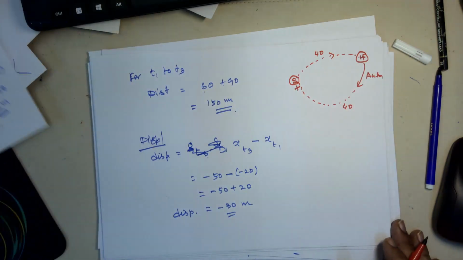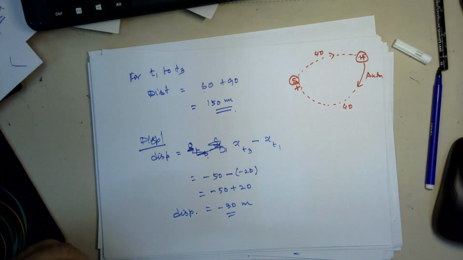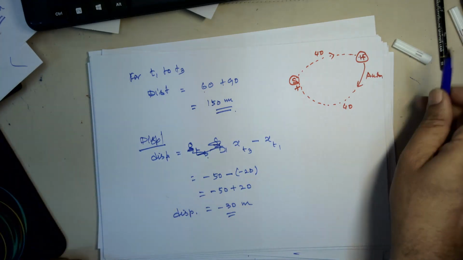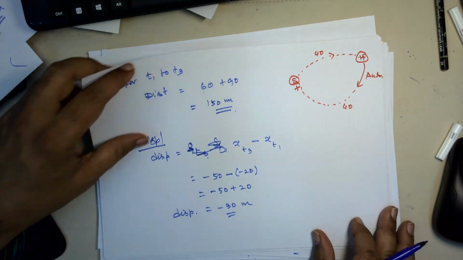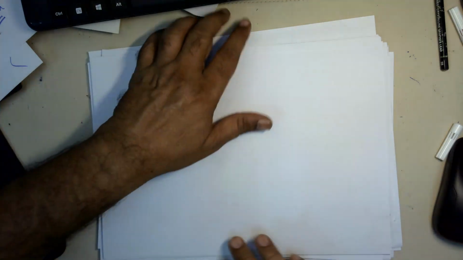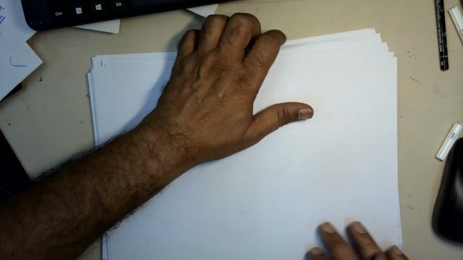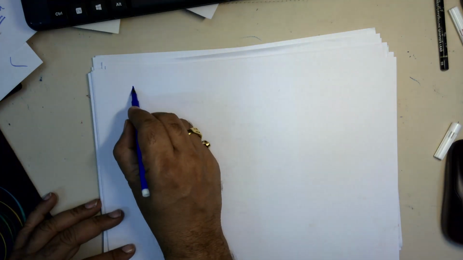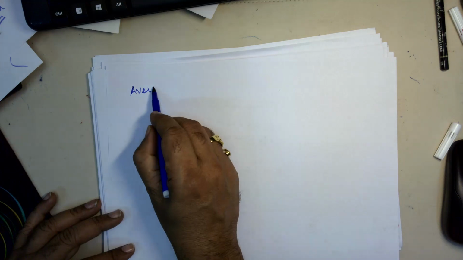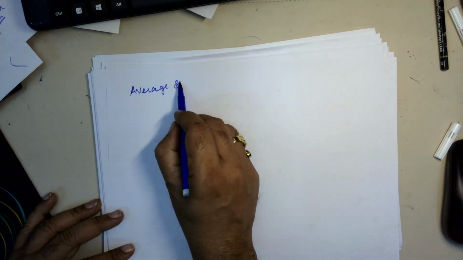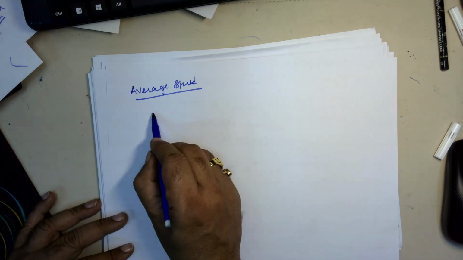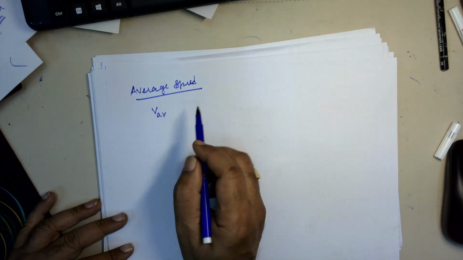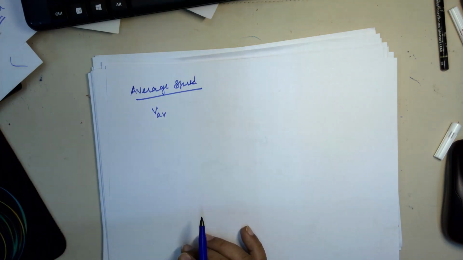Okay, then average speed. Average speed is represented by V average, we can put average speed.